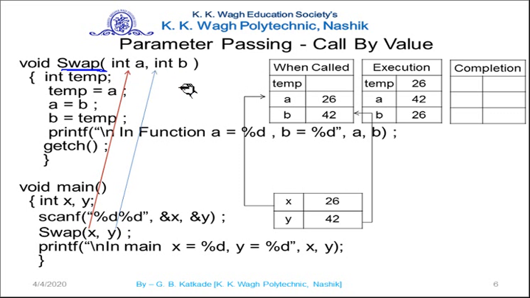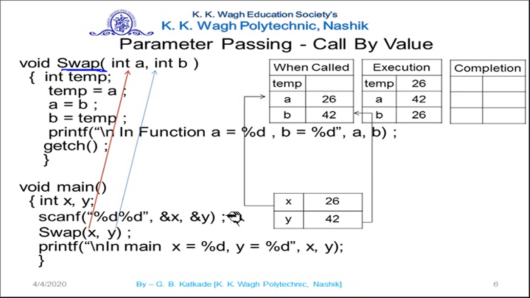As we call the swap function in main, what happens is that when main is executing, the variables x and y are created in memory, and the values we read, let us say 26 and 42, are given to x and y.